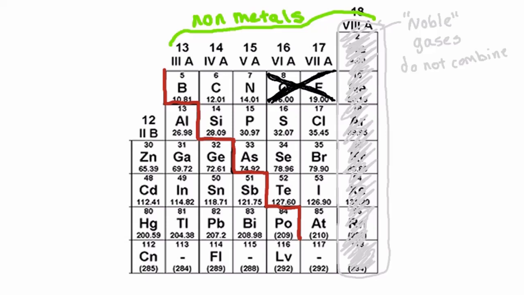Now what we're left with, right next to the oxygen where we crossed it out, is this little row of three: the B, C, and N, the boron, the carbon, and the nitrogen. We're left with these three right here, and then underneath the F that we crossed out, we're left with these three: chlorine, bromine, and iodine.